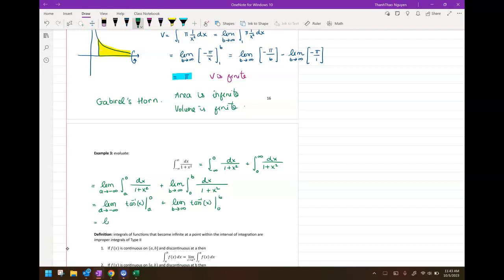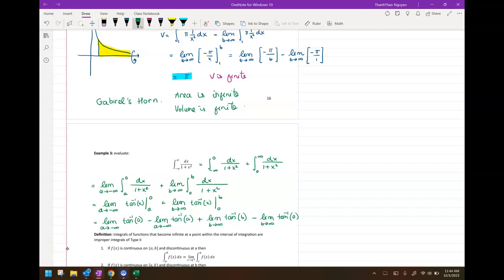So this is the limit as a approaches negative infinity of inverse tangent of 0 minus the limit of inverse tangent of a, plus the limit as b approaches infinity of inverse tangent of b minus the limit of inverse tangent of 0.